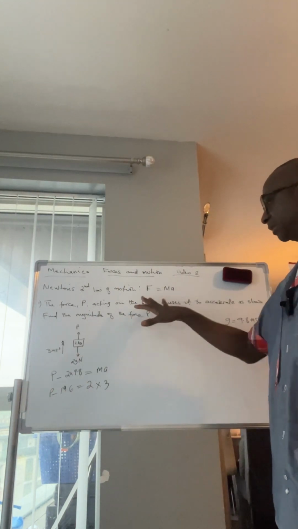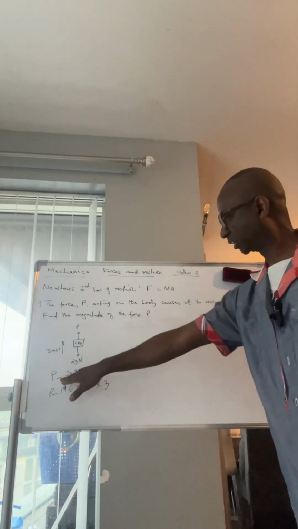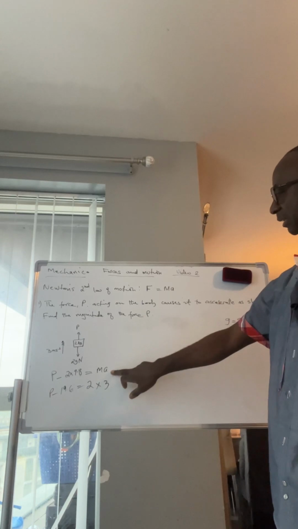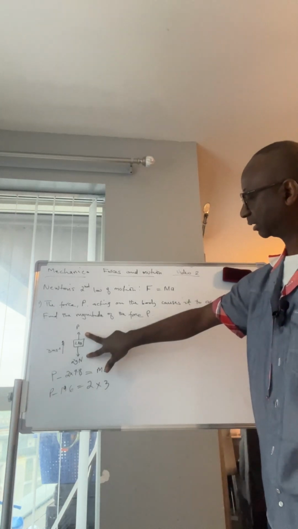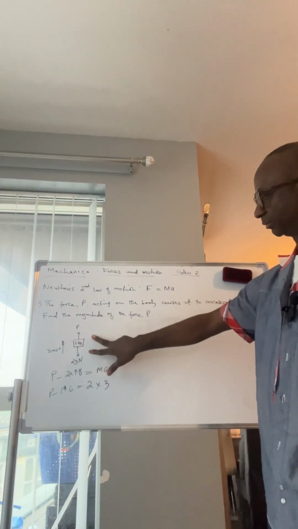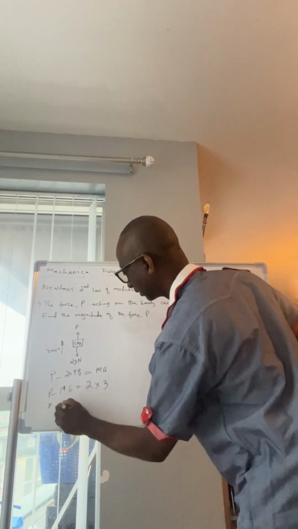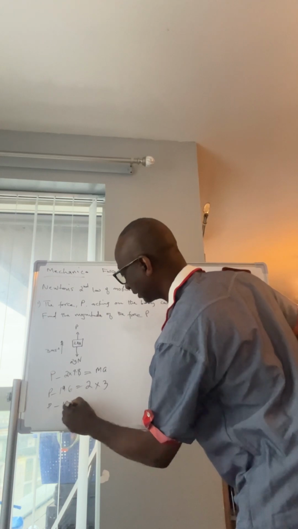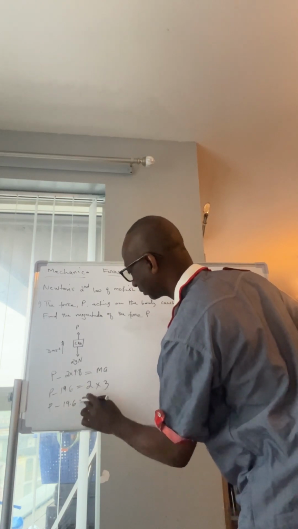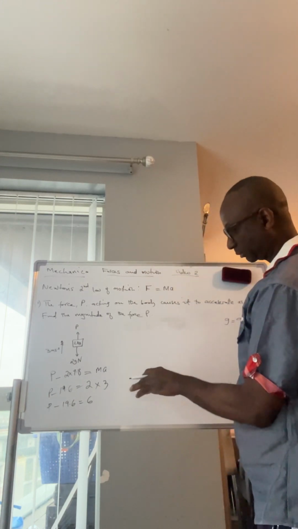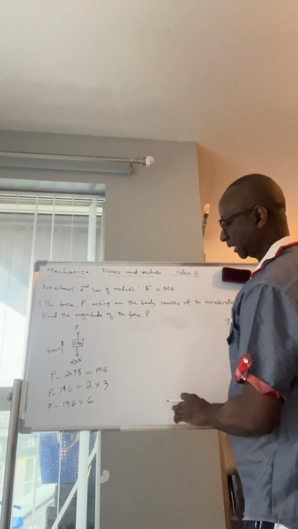You are applying Newton's second law of motion. Force equals mass times acceleration of the body. You have two forces here, you have to find the net force. So P minus 19.6 equals 2 times 3, which is 6. We shall bring the units later.